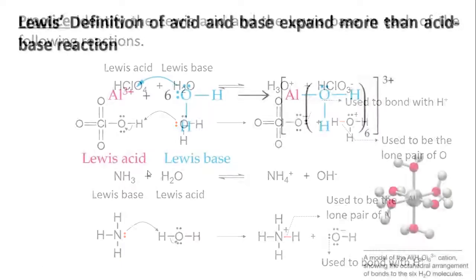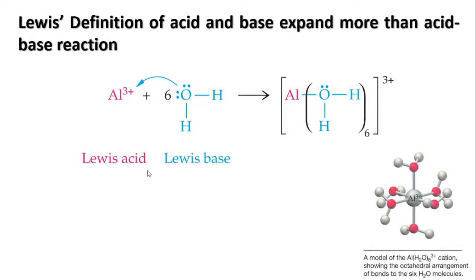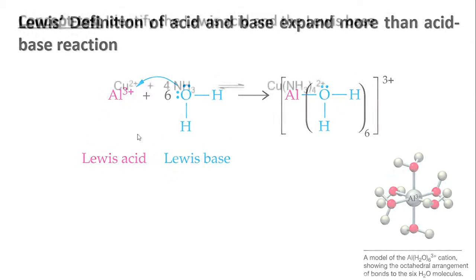I'll give you some examples here. This is an example of not an acid-base reaction at all, but you can use the Lewis definition to classify Lewis base and Lewis acid. Water uses a lone pair, donates the lone pair to aluminum 3 plus, forming a complex. So Lewis base here, Lewis acid there. Try this one.